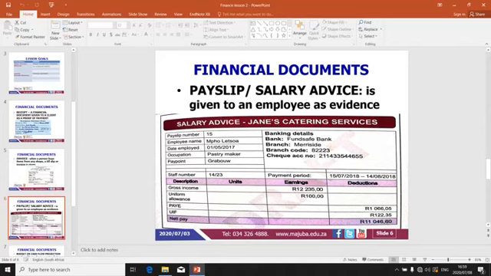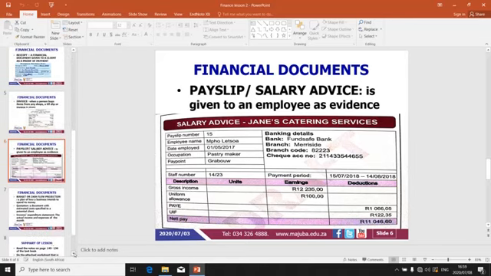And then the balance, which is the net pay, is 11,046 Rand and 60 cents. In other words, for the net pay, it's gross minus deductions. You get the net pay.